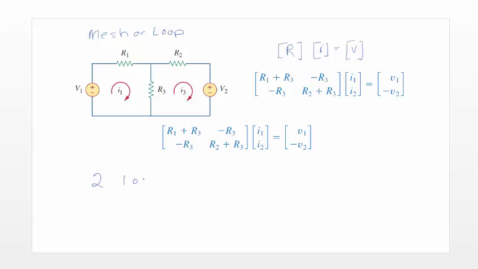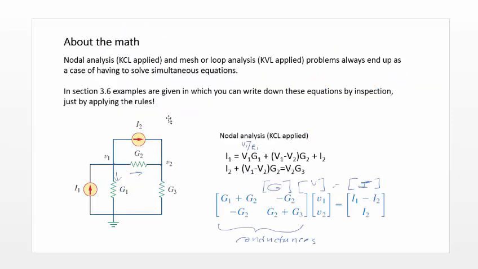So this is what happens when you do mesh or loop analysis. 2 loops, 2 unknowns, and you need 2 equations, even in the special cases. In mesh or nodal analysis, the number of nodes equals the number of unknown voltages, which equals the number of simultaneous equations that you have to solve.